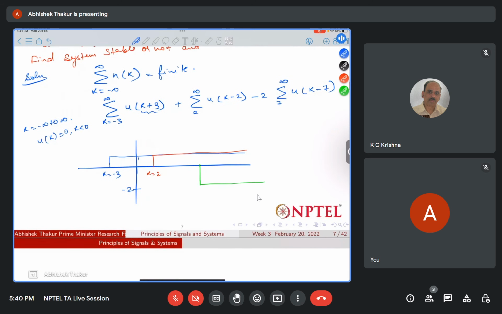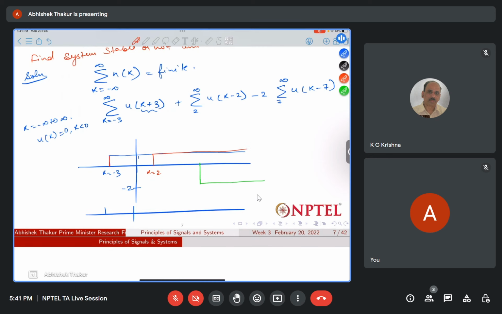So after you add all this, you will get the resultant signal like this, from k is equal to minus 3 to, sorry, this is the discrete time signal. So here it will be like just a pulse.